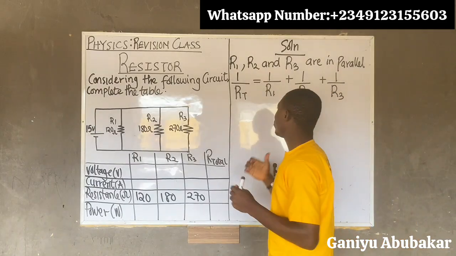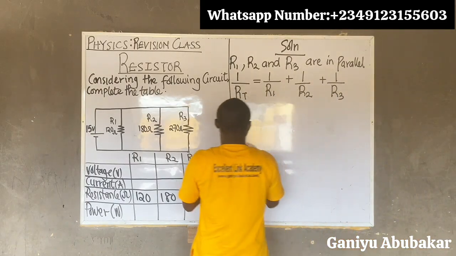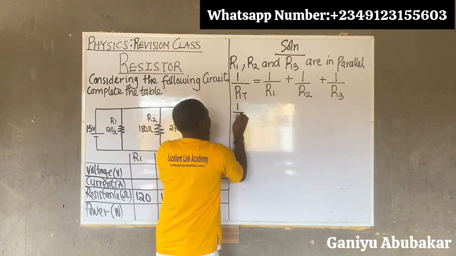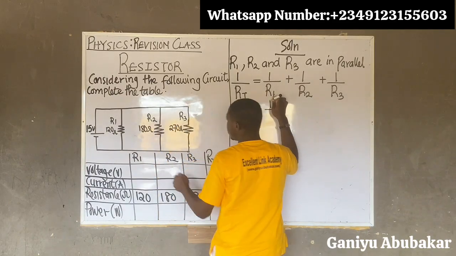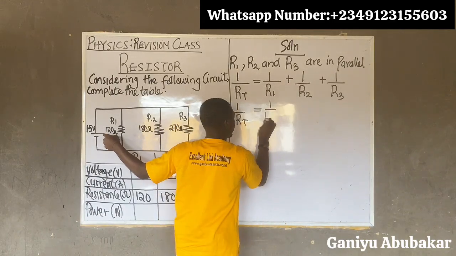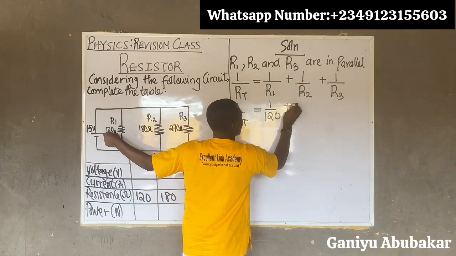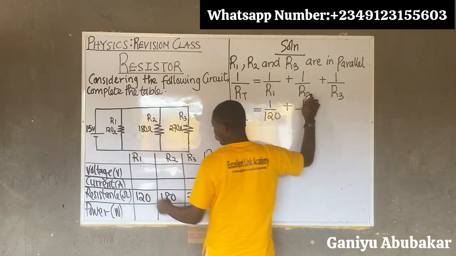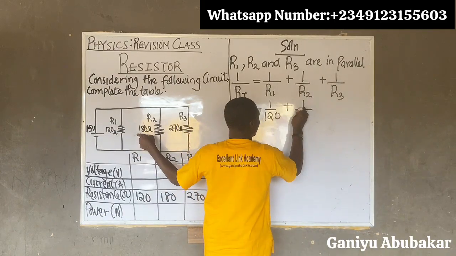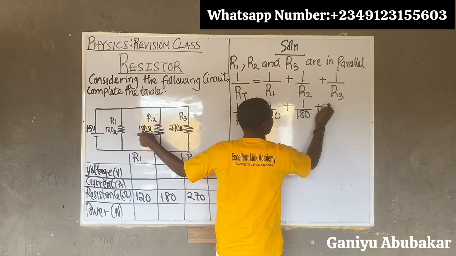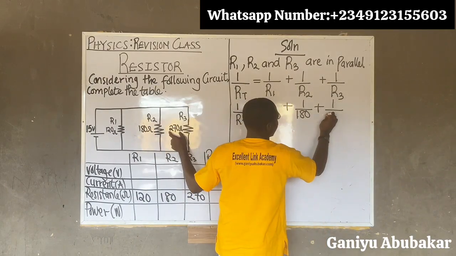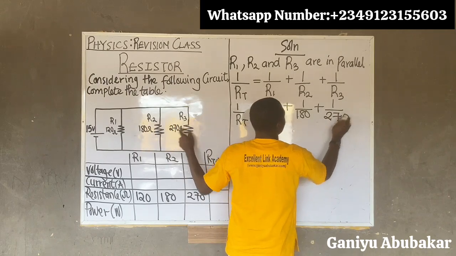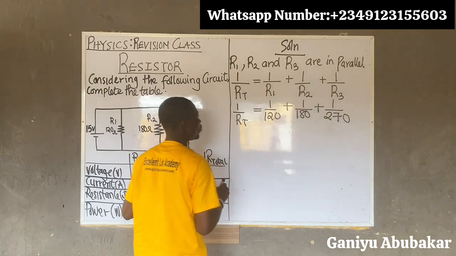Putting in values, 1 over R total is equal to 1 over 120, since R1 is 120, plus 1 over 180, since R2 is 180, plus 1 over R3, of course 270.